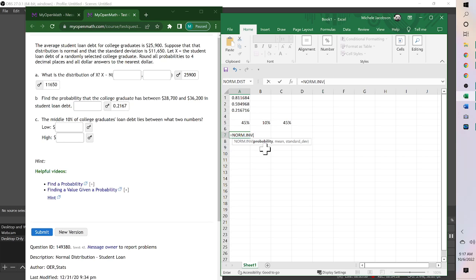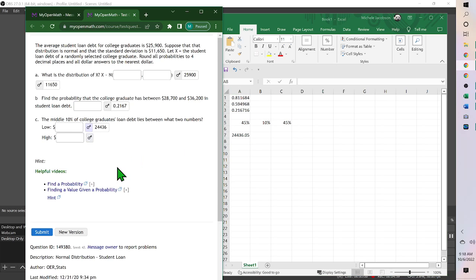Because notice we put the probability and it's going to give us the value. It does the inverse. And it was 45% below, written as a decimal, 0.45. Then your mean, standard deviation. Now on this one, you don't need to use the 1. We're given the probability, so it's looking for a value. And there's your value.